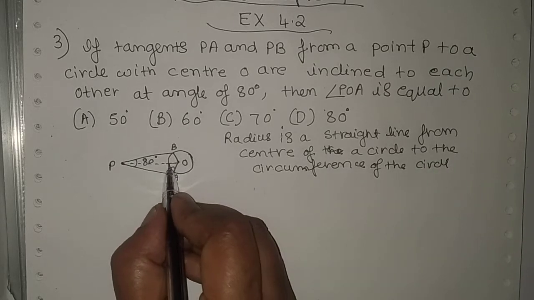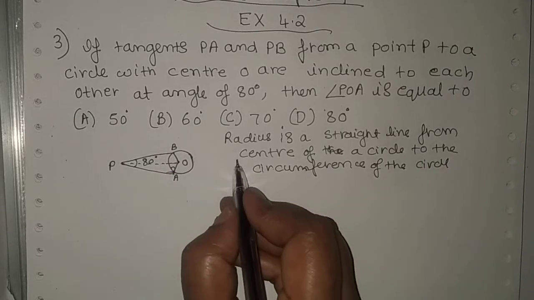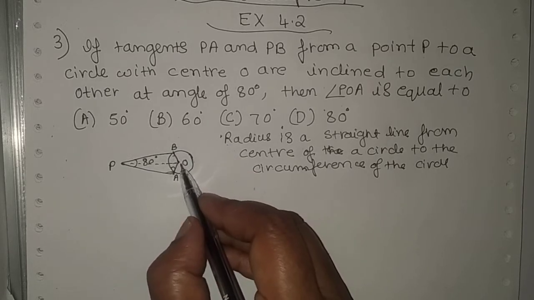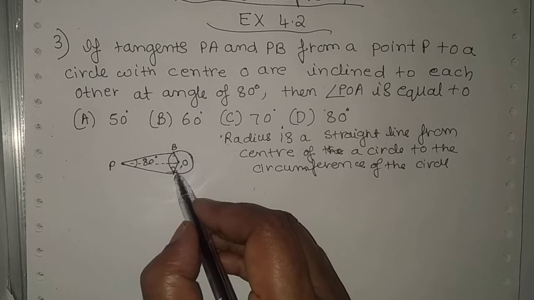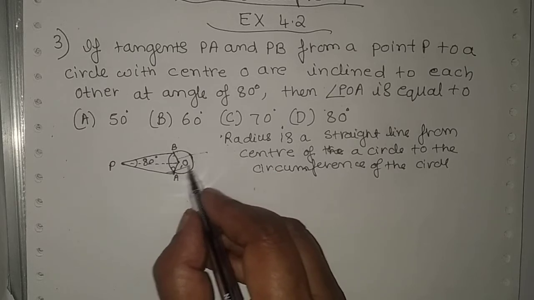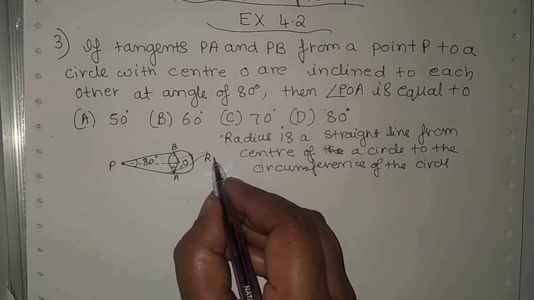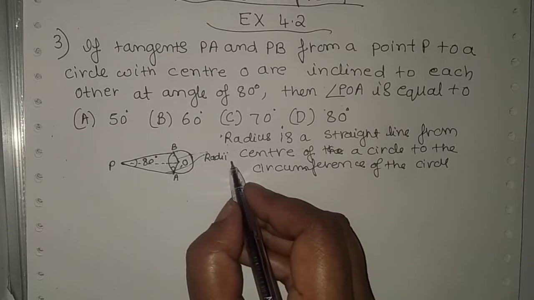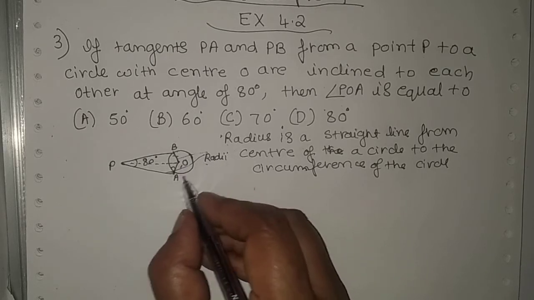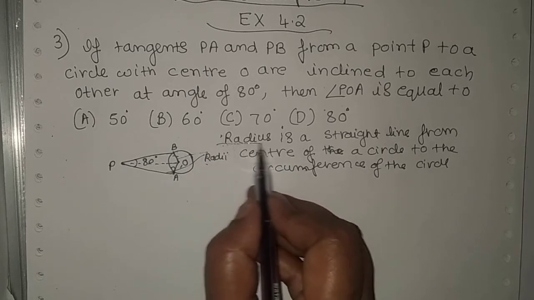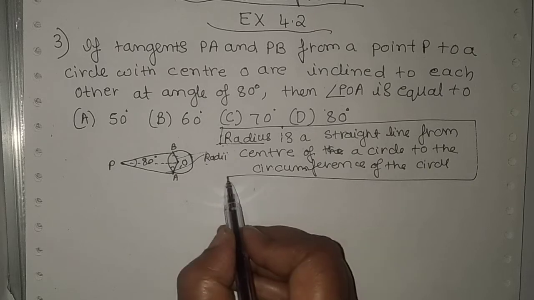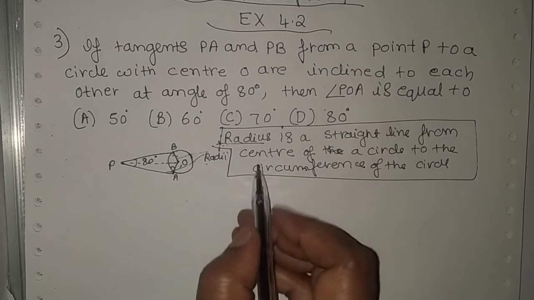So this part is called the radius of the circle. So if it has two radius, that is OA and OB, these two form radii. So more than one radius in a circle is called a radii.